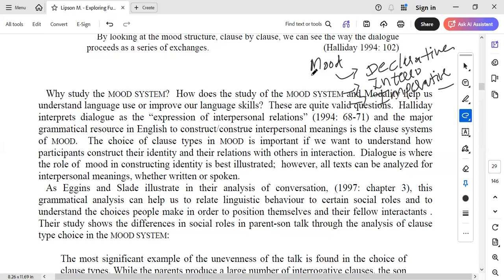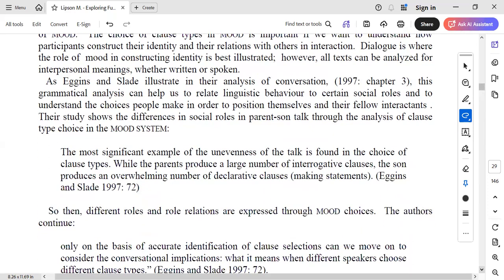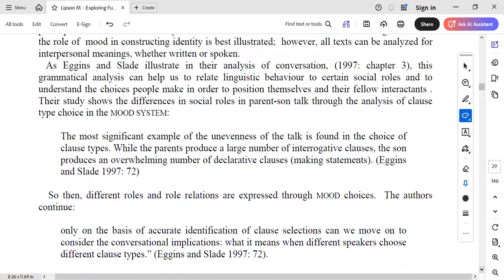This study shows the difference in social roles in parent-son talk through the analysis of clause type choices in the mood system. Now, the most significant example of the unevenness of the talk is found in the choice of clause types. While the parents produce a large number of interrogative clauses, the son produces an overwhelming number of declarative clauses, right?